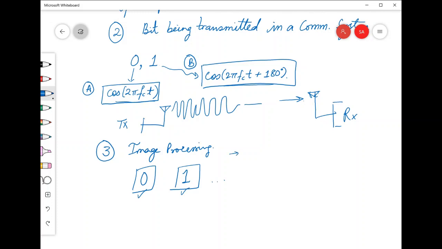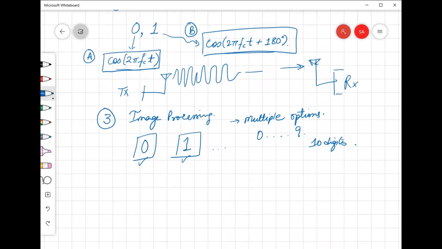There could be multiple options, not just two. From 0 to 9 there are 10 digits, so there are 10 options. So this is again a detection problem where you have multiple options and one of the options is correct.